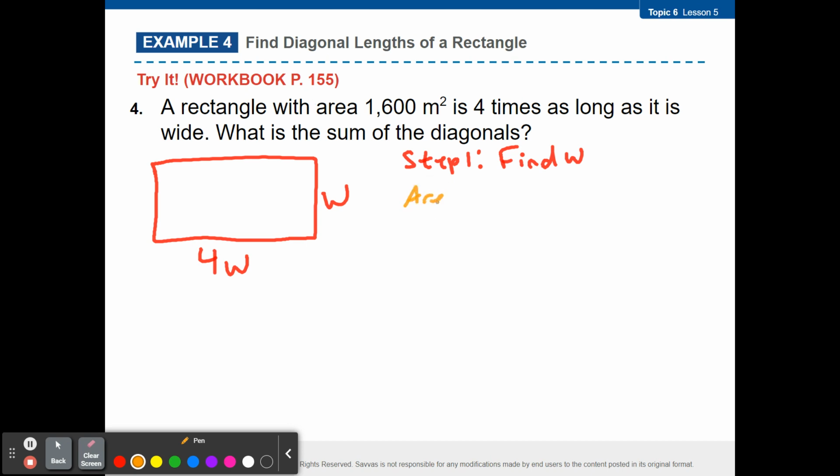So area of a rectangle is length times width. Our length is 4W times our width, which is just W. But we have the area of the rectangle, which is 1,600 square meters. So I'm going to set that equal to 1,600.